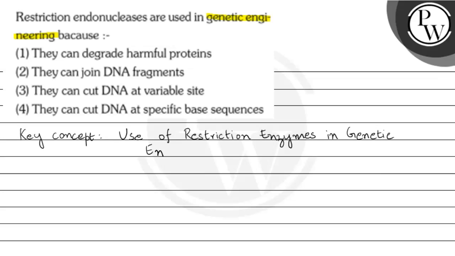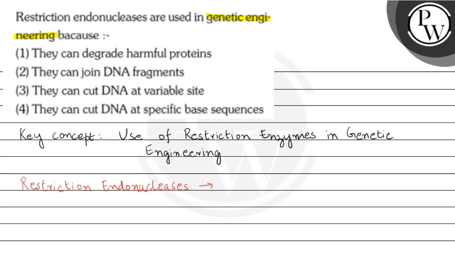Now, before understanding the use of restriction endonucleases, let us first understand what restriction endonucleases actually do. Restriction endonucleases are firstly enzymes, and these enzymes act as nucleases, that is, they cleave the nucleic acid sequences, particularly DNA.